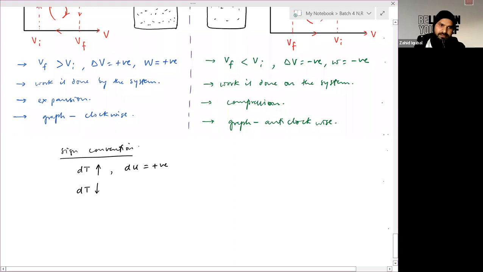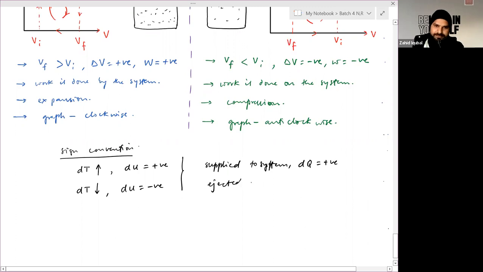If the temperature of the system is decreasing, the change in internal energy will be negative. For heat, if it is supplied to the system, dq will be positive, and if it is ejected out, dq will be negative.